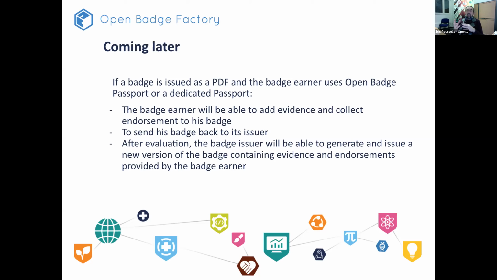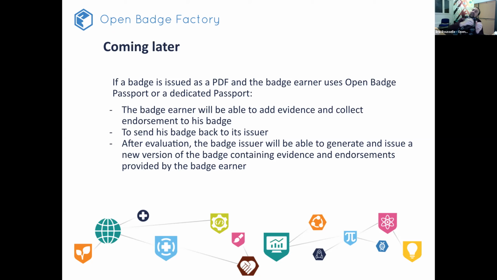And he or she will have the possibility, by clicking a button, to request validation of his badge. So the badge will be sent back to the Open Badge Factory user account. And then the issuer of the badge will, after evaluation, have the possibility to validate the badge and bake it again in a PDF format.